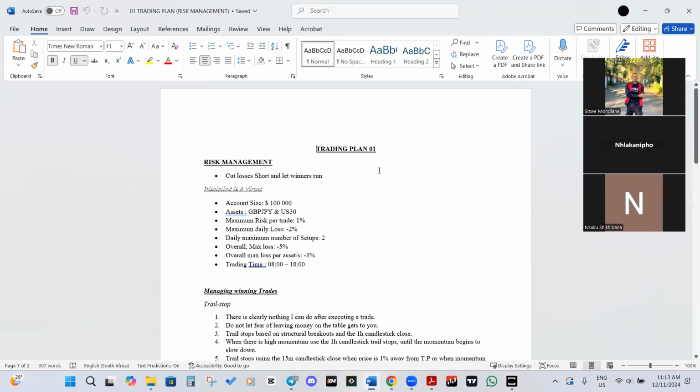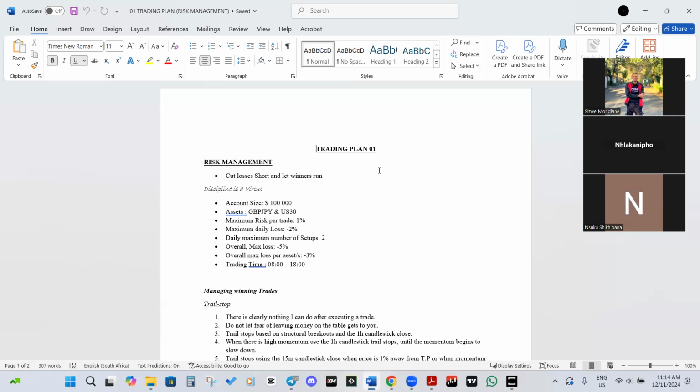All right. So the first thing now is we have to start developing a trading plan. We didn't do this with you, right? I'm not confusing you with someone else. So we have to develop a trading plan, but we'll break our trading plans into small pieces. The first part of the trading plan will be risk management.